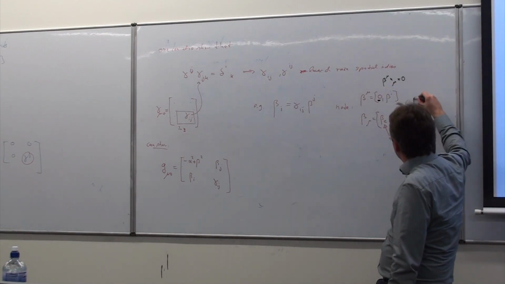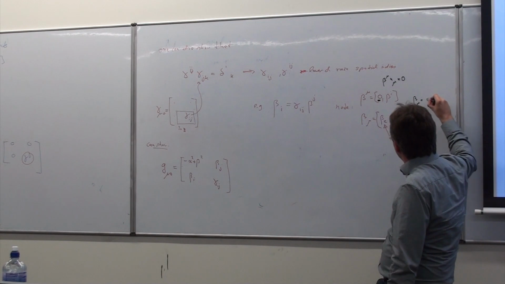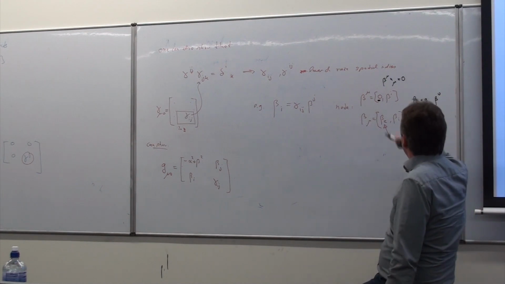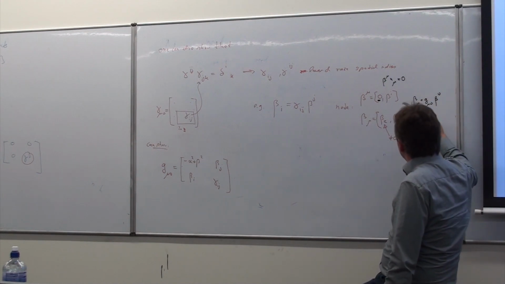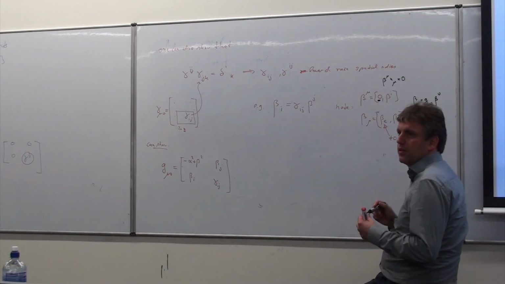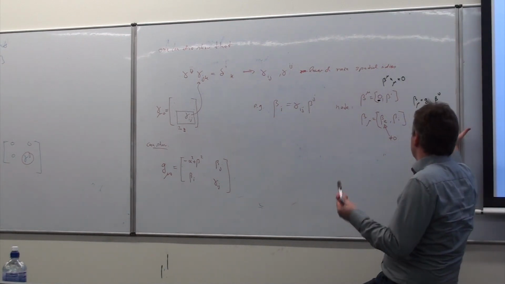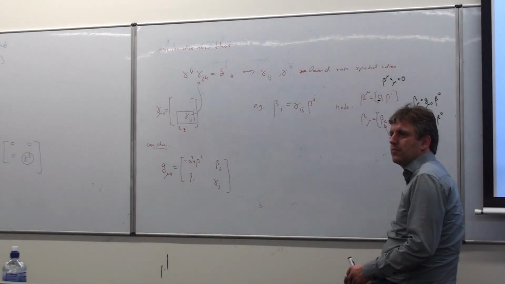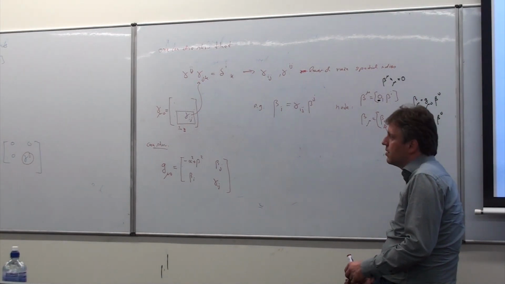The beta lower mu is G mu nu beta upper nu, and so the beta t will turn into a G T nu beta nu, and this just is whatever it is. And there is no particular consequence of this.